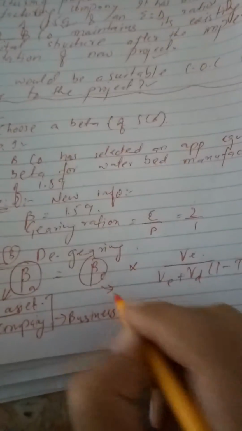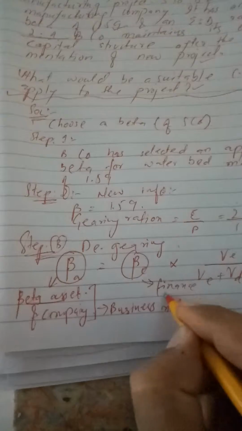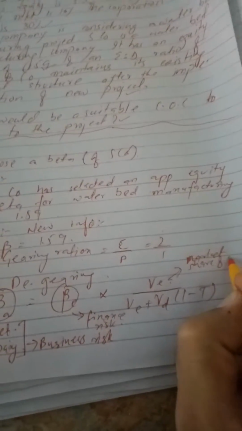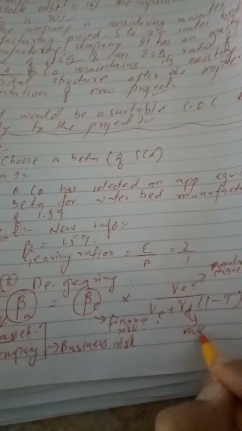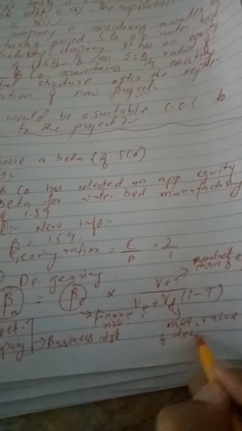Beta equity is known as the finance risk of the company. VE is the market value of equity, and we have already done some of these numericals. VD is the market value of debt, and T is the corporation tax.